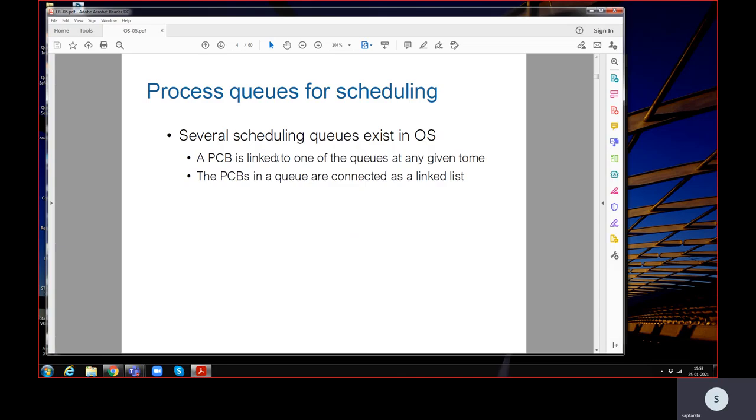Right. So for example, we will see that there is a ready queue. This queue contains all processes which are ready. Also, there is another queue, let's say, which is for processes waiting for a particular device. So if a process was waiting for a device for some operation to complete on a device, when that operation does complete, then the process is shifted from the waiting queue to the ready queue.